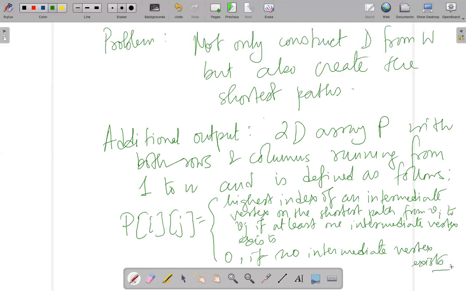So basically what you do is you construct another 2D matrix P.